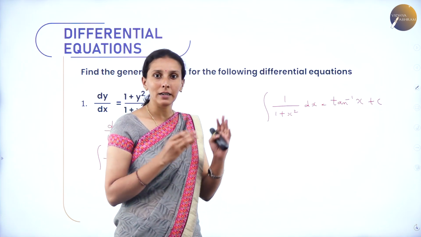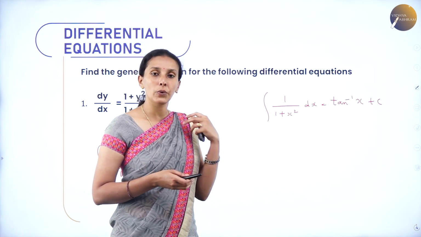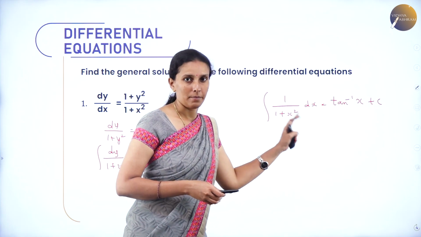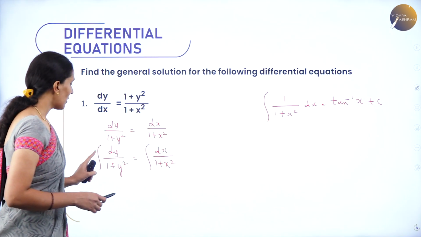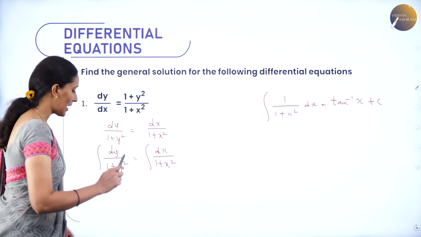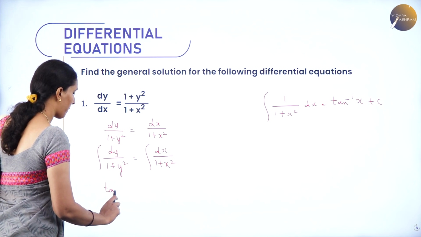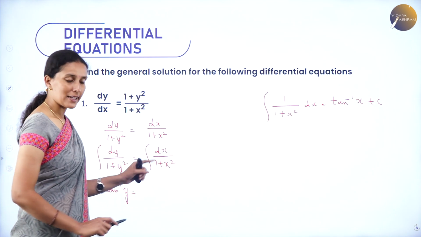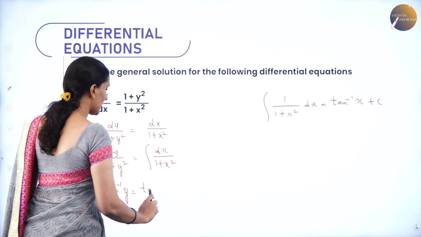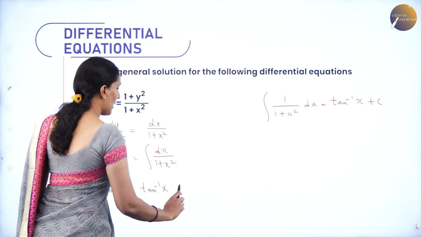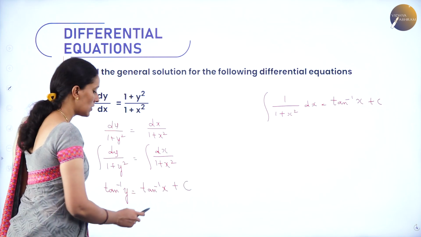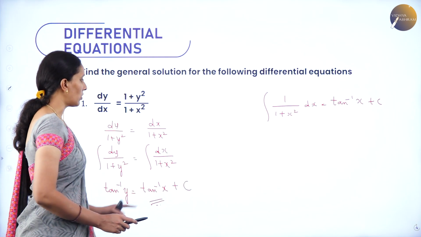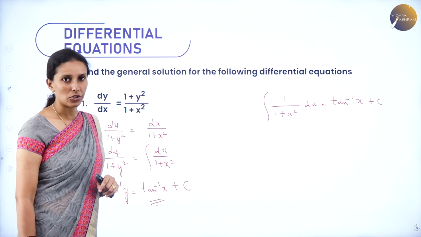It may be x here, it may be y, it may be z, p, q, anything, but the property is the same. Therefore, here integral of dy by 1 plus y square can be written as tan inverse y, and integral of dx by 1 plus x square can be written as tan inverse x plus the integration constant. So this is the general solution for this differential equation.